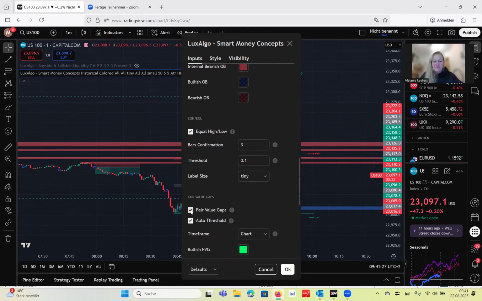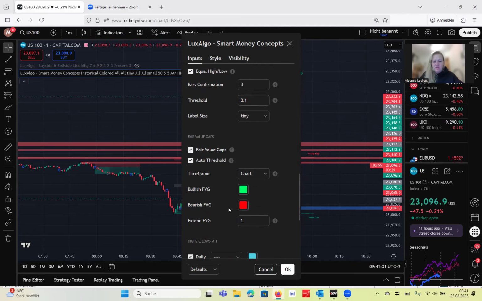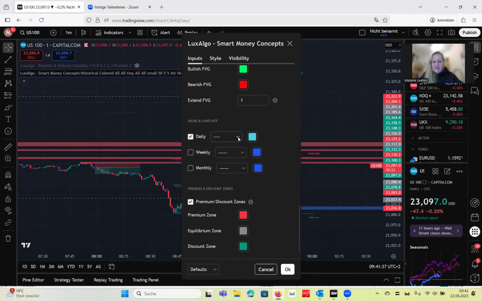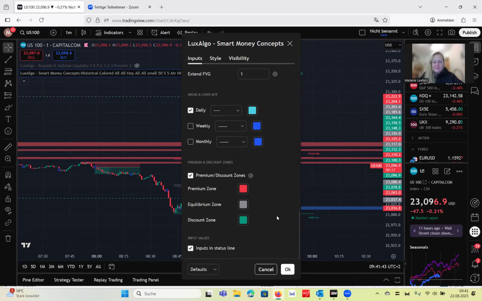What I definitely need is the fair value gaps, equal highs and lows, and the bullish and the bearish fair value gaps here. The colors you can change if you want to. The daily is important for me. I don't need the weekly or monthly. I have the premium and discount zones.